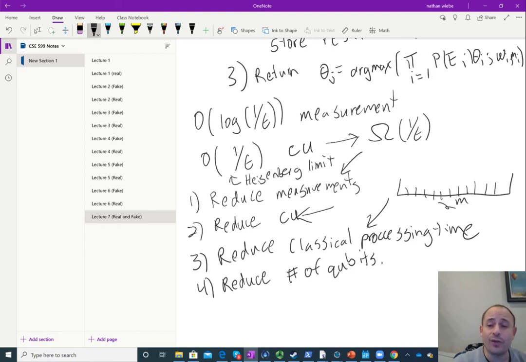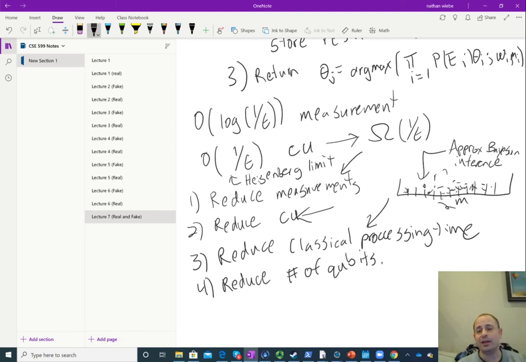So here, there's been a lot of work on approximate Bayesian inference, for example, to use particle filter approximations that, instead of using a grid, model the probability density using a Monte Carlo sample of particles and move them around accordingly.